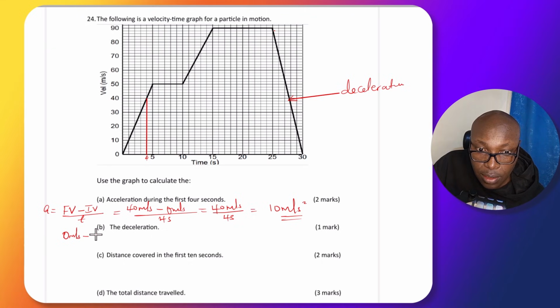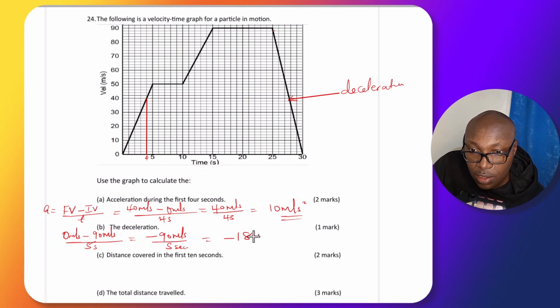So 0 minus 90 meters per second. And then the time taken where this deceleration is happening is between 25 seconds to 30 seconds. That is 5 seconds. So this will give negative 90 meters per second divided by 5 seconds. And this will give negative 18 meters per second squared.